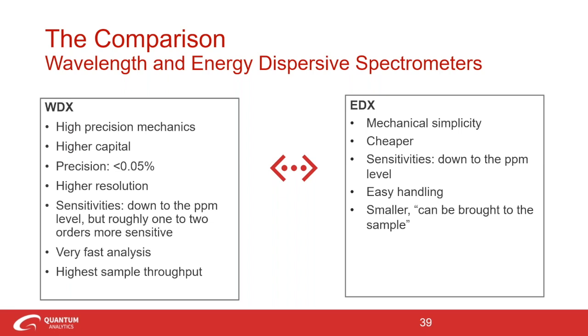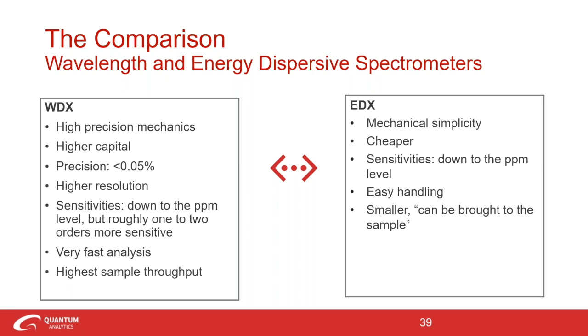You have a higher capital investment; these instruments typically cost a bit more, but your precision is better. You have much higher resolution, and you get sensitivities down to the ppm level, roughly 1 to 2 orders more sensitive. It's very fast analysis, and it has very high sample throughput.